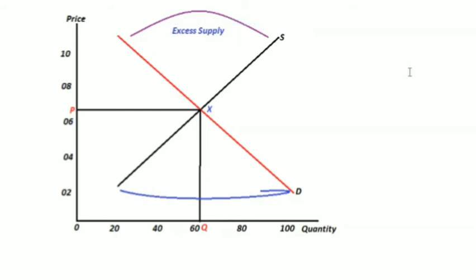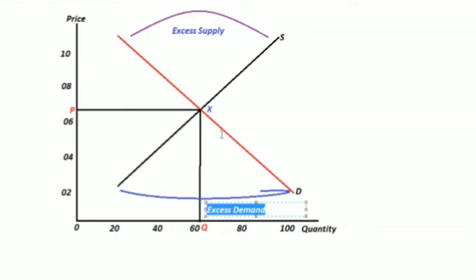This is the excess supply. And this one here is what we call the excess demand.